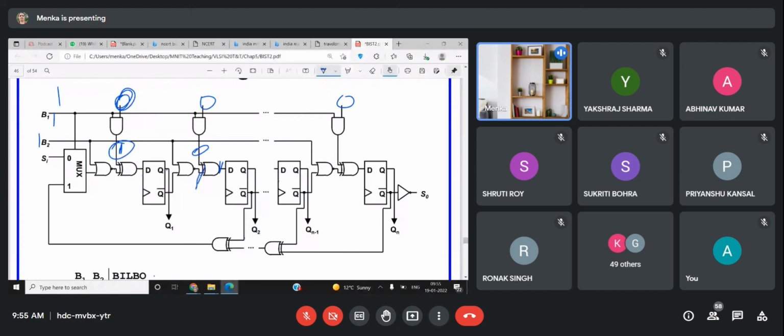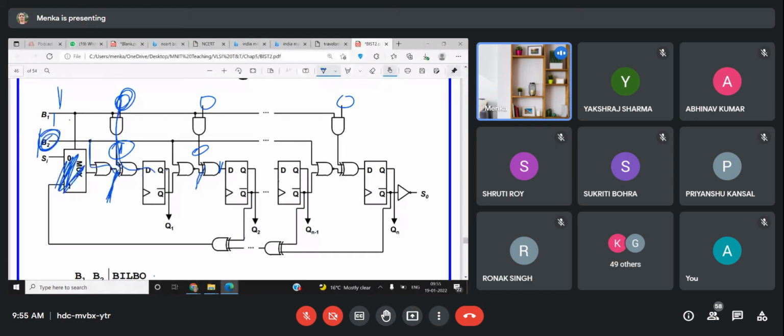Now 1 1 means it is the parallel load. Load operation means this is 1, that is going to appear over here. This is also 1. It means irrespective of whatever you are having over here, this is going to provide 0. It means the other terminal is inactive. So whatever you are getting from here directly is getting shifted to the flip-flops.